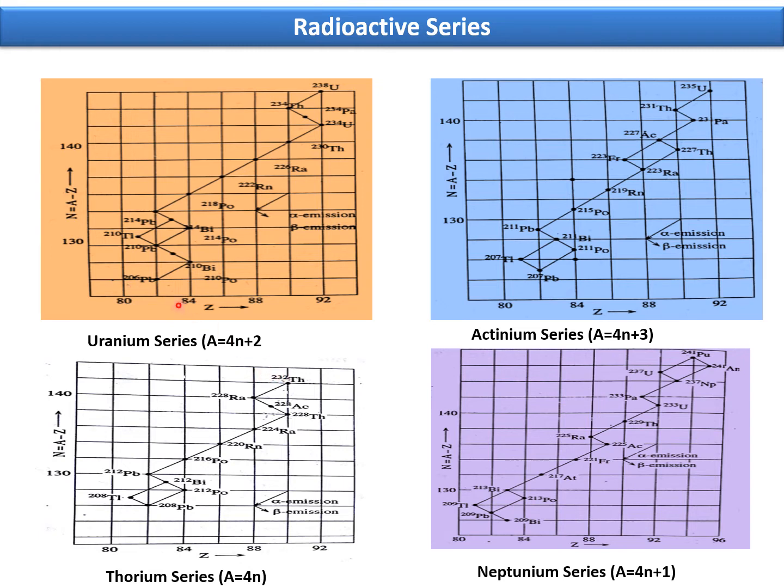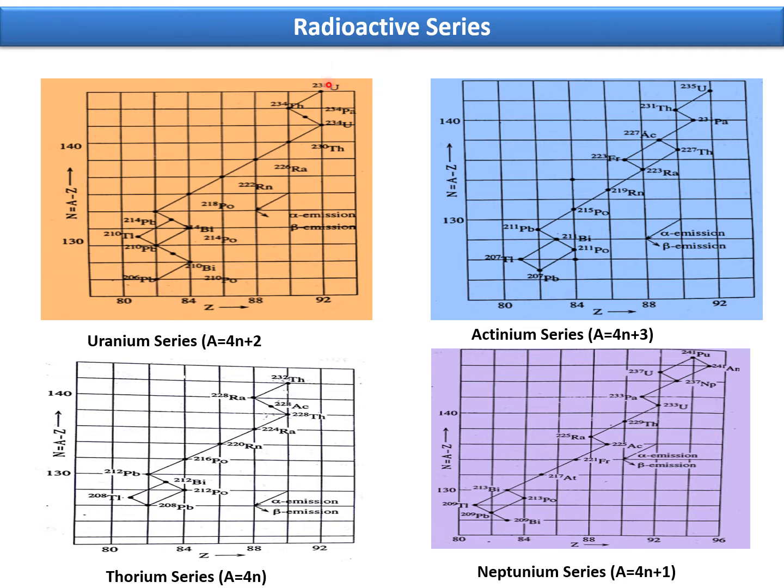This shows that the number can be represented as a multiple of 4 plus 2, and this series shows that uranium disintegrates and leads to the stable nucleus lead.